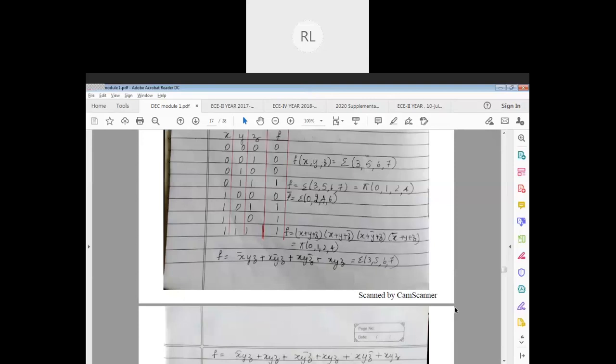You can also use the chat box if you are unable to unmute. So students, you understood whatever I have told so far, how we generated this equation? Yes, please give me a confirmation. Yes, we have a question there.